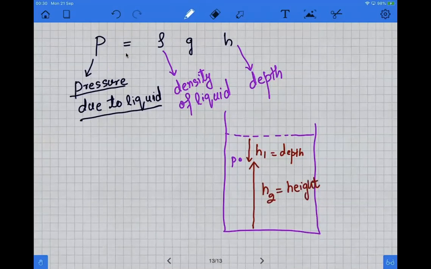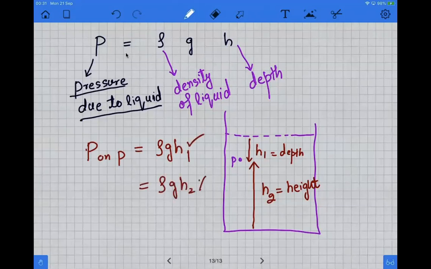I should clear that when you calculate pressure on P, pressure on point P should be rho G H1. If someone writes rho G H2, then it is wrong. So it is rho G H1. You have to use the depth, not the height. So pressure depends on the depth.